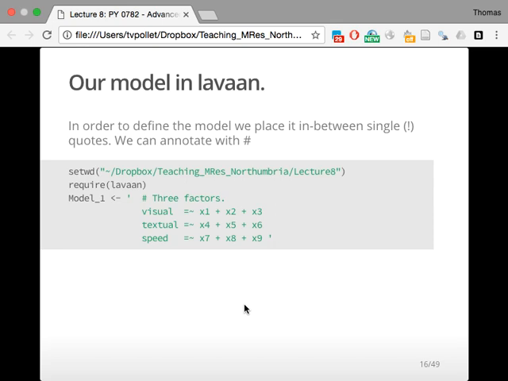So I set my working directory. I tell R I need lavaan. We don't really need it for this yet, because this is just assigning a string to something. I call this model 1. And you can annotate with a hashtag things for yourself to remember, and they will be disregarded by the code. But be careful if you put in numbers or things like that, because then R might think they're variables.